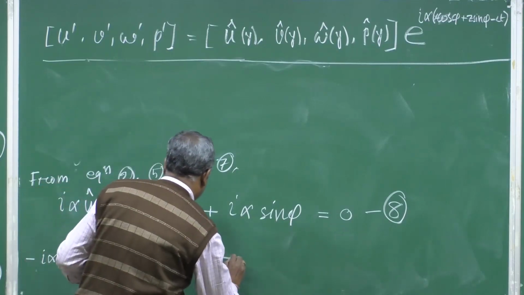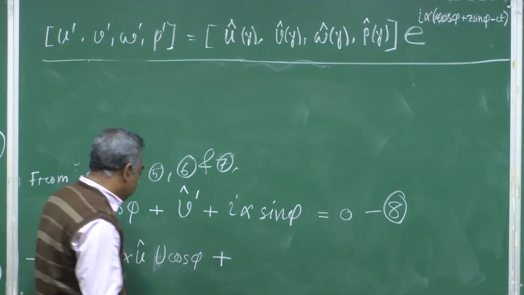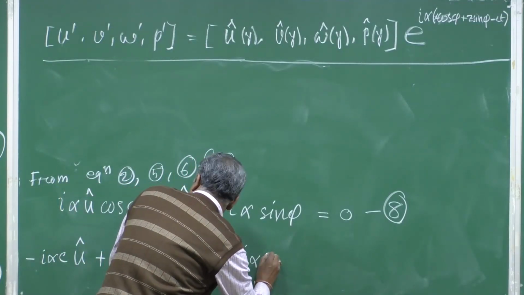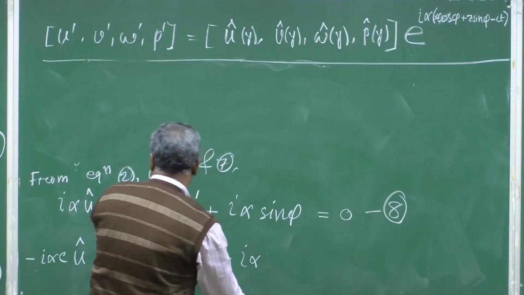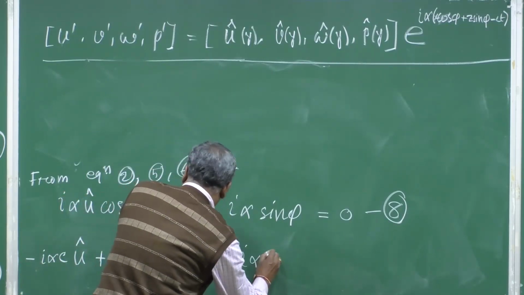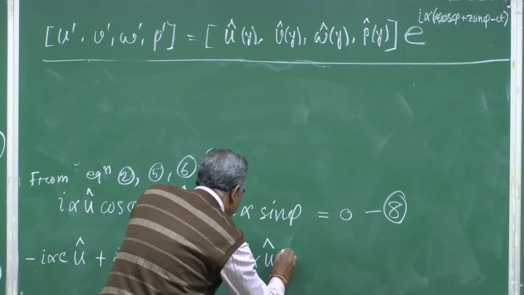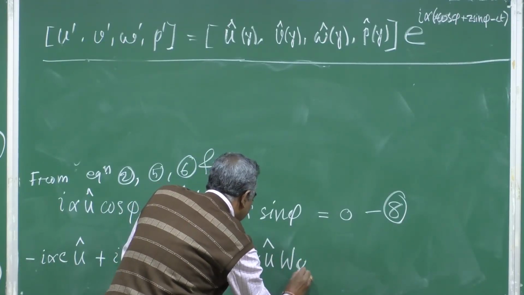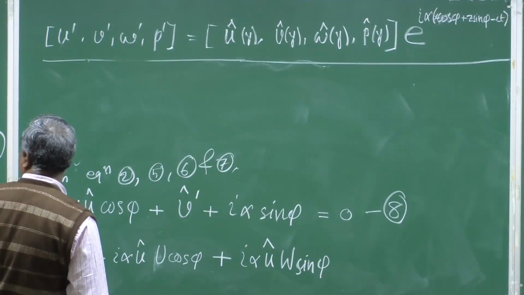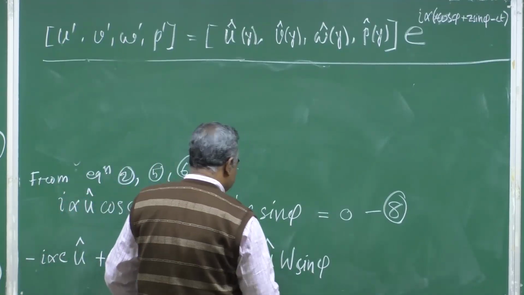Plus, what is there? w into del u prime del z. That is also going to give you i alpha u hat w sin phi, because del u prime del z is there. So, that is what it is.